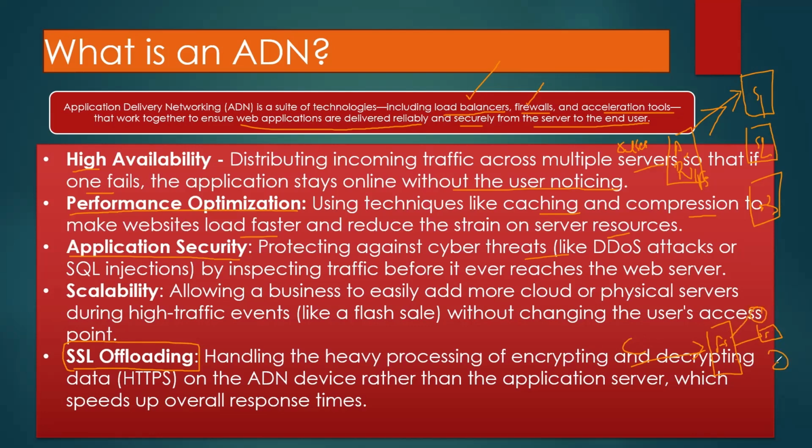The traffic comes in encrypted form to the F5. F5 decrypts this traffic and sends plain text traffic to the actual server. Again, in the reverse direction, plain text traffic comes from the server to the F5, F5 encrypts this traffic and sends it back to the client. So this is the SSL offloading, which is possible with the ADN.